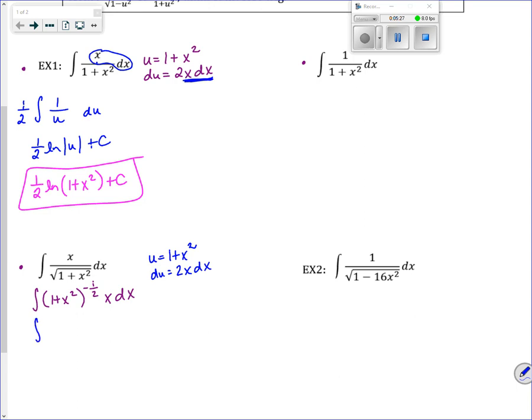So I'm integrating u to the negative 1/2. Again, x dx is du over 2. And so if I integrate, I would have u to the 1/2 times 2, because dividing by 1/2, I have the 1/2 that's on the outside, which of course cancel.